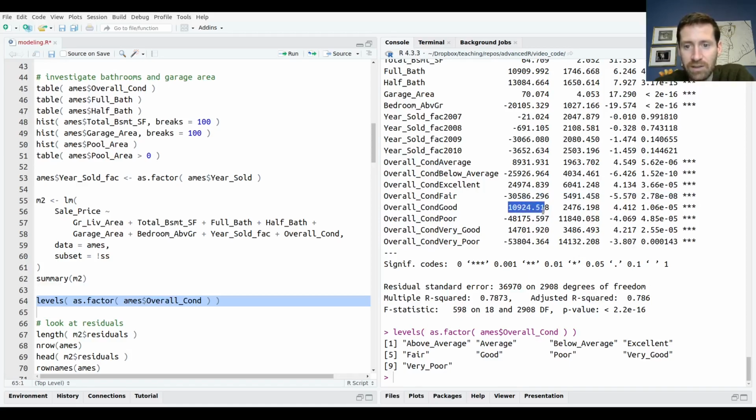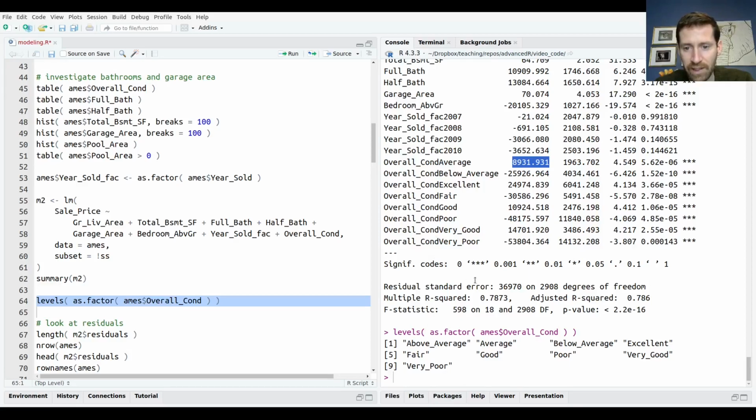Good is good. Poor is really bad. Very good is pretty good. And then very poor is very bad as well. Okay, so there is some signal in this condition variable. There's a few that maybe don't make so much sense, this one in particular versus above average, but overall I think that this condition variable is useful.